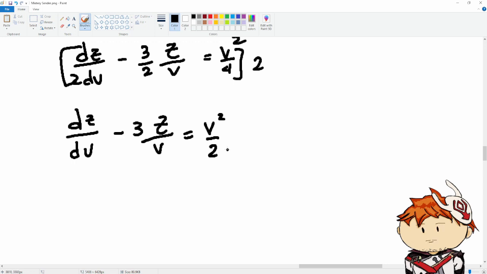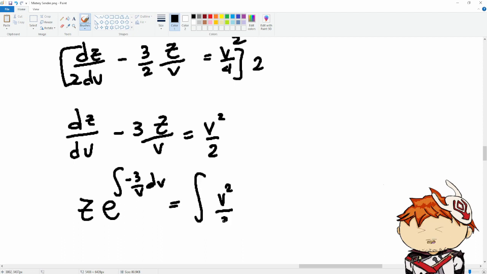There we go. And now this is linear, and we use the integrating factor. This will become z e to the integral of -3 over v dv is equal to the integral of v over 2 e to the integral of -3 over v dv, dv.